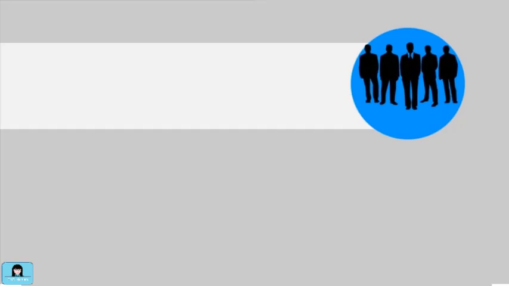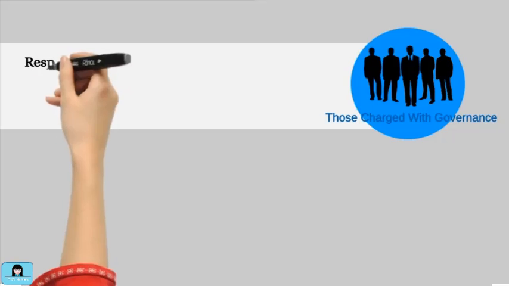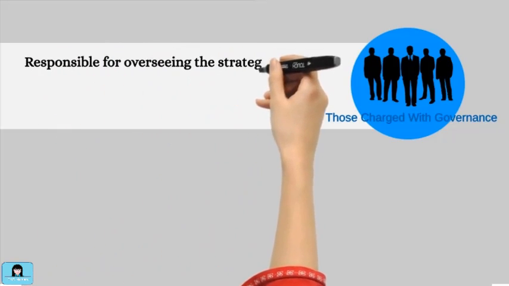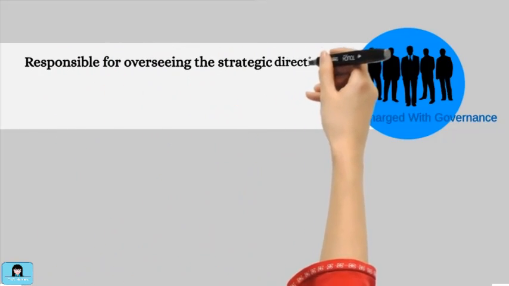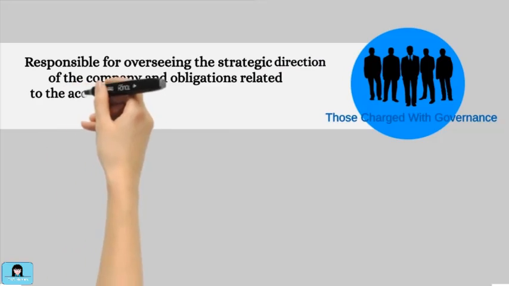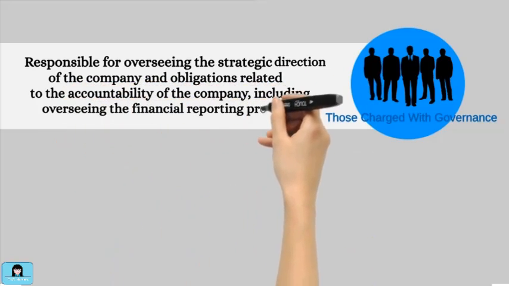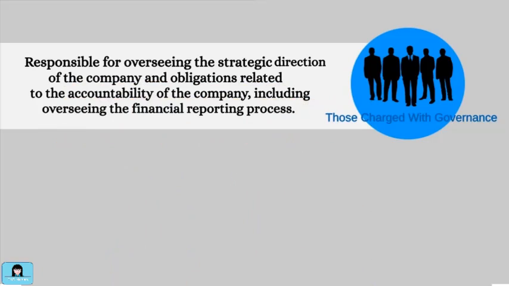For example, executive members of a governance board of a private or public sector entity, or an owner-manager in case of a sole proprietor business, whose responsibility is for overseeing the strategic direction of the entity and obligations related to the accountability of the entity, including overseeing the financial reporting process.